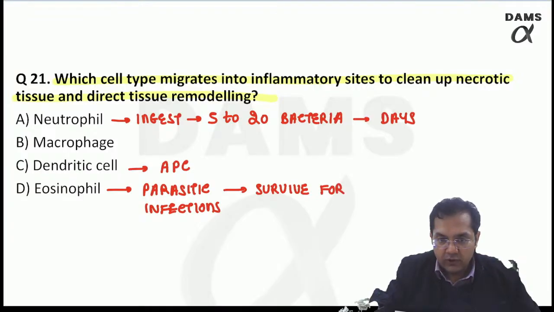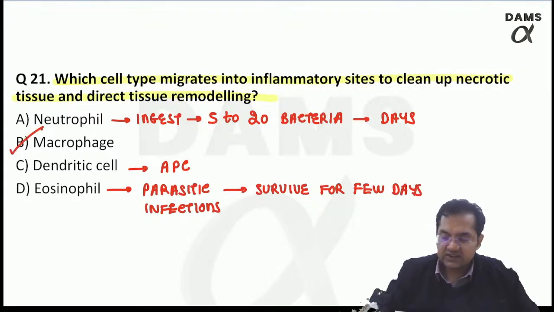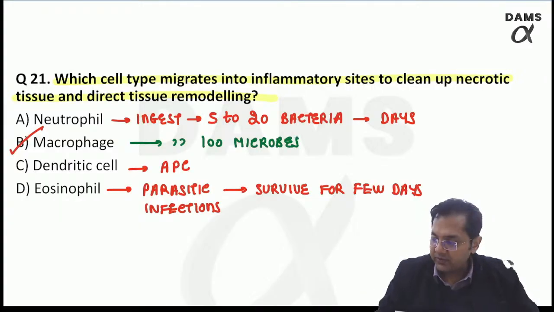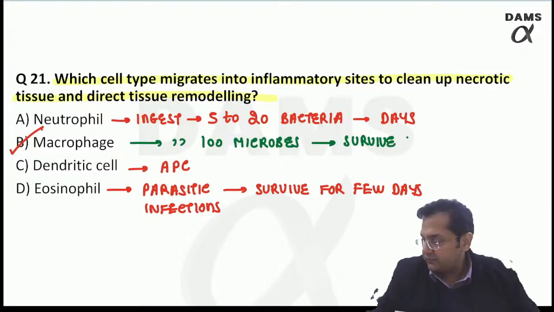Survive for. So remember, macrophages are the cells which, interestingly, see this now, they can ingest 100 to 200 microbes, that means a lot of microbes they can ingest, and they also survive for months.